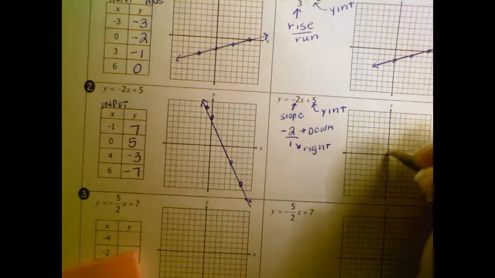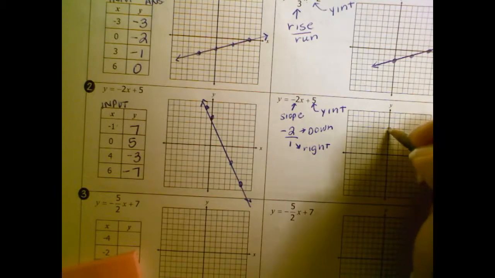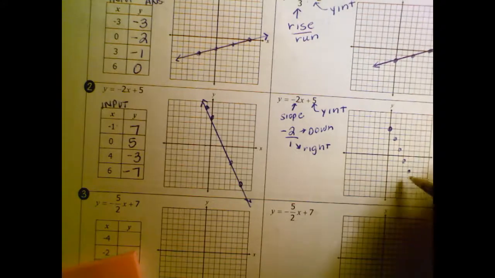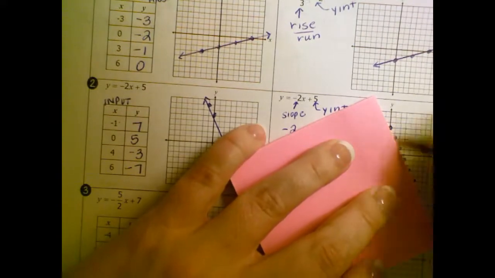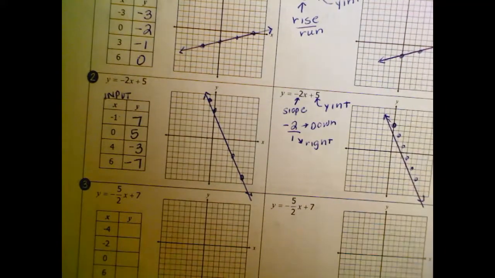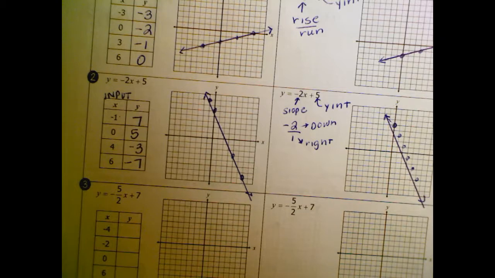So starting at 5, go down 2 to the right 1, down 2 to the right 1. As I do that, connect to my points. Same looking line.